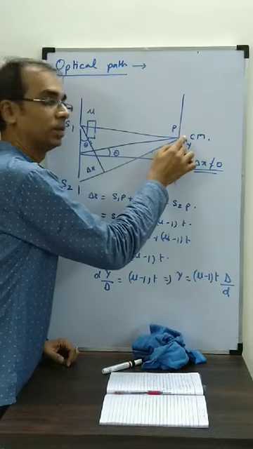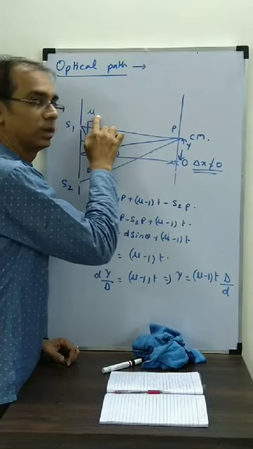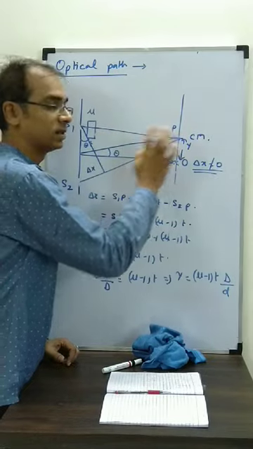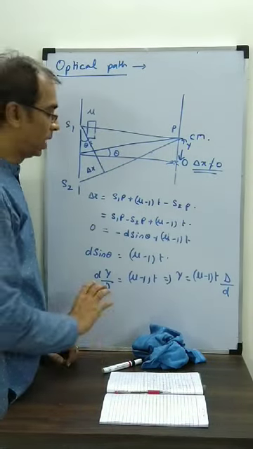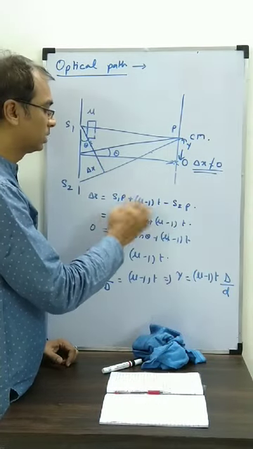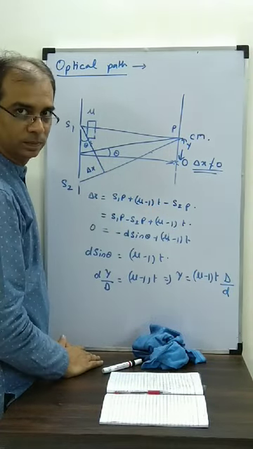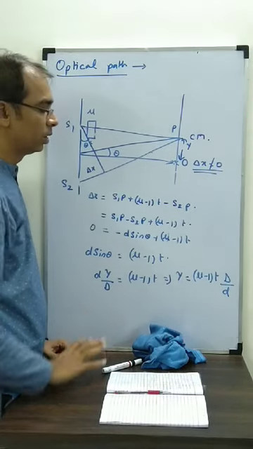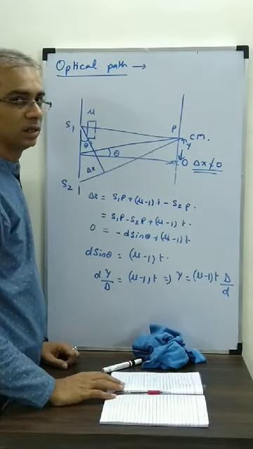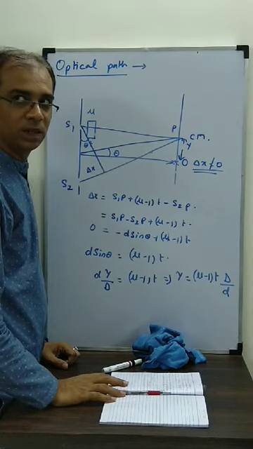Geometrical path is S1P plus mu minus 1 into T is the total path, whereas for this one it is S2P only. So path difference is S2P minus this one or this minus this one. Okay, that's your wish. So this way we are going to calculate the position of the central maximum. Okay, that's it for now.